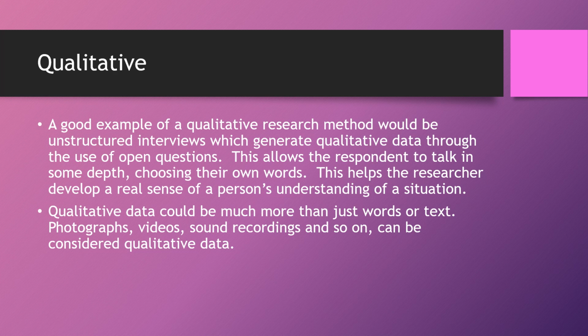The other benefit is that it can include more than just words or text. So photographs, videos, sound, all of those different things can be used within qualitative data. So, for example, in social psychology, say you're looking at social identity theory, you want to know about people's identification with particular groups, so stage 2 in social identity theory, you could look at photographs on Facebook and the changes in the way in which people present themselves.